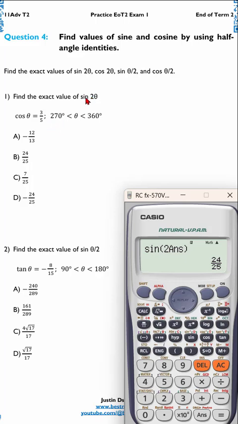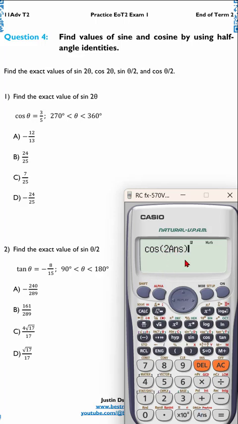Now, if at all you had to solve, say, cosine 2 theta, then again I'll just find cosine inverse of 3 by 5. Now the theta answer is stored in the answer. If I press answer equal to, it's the theta value. I will just write cosine 2 times theta. You can just write them together.